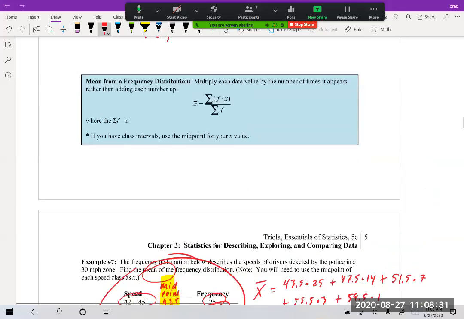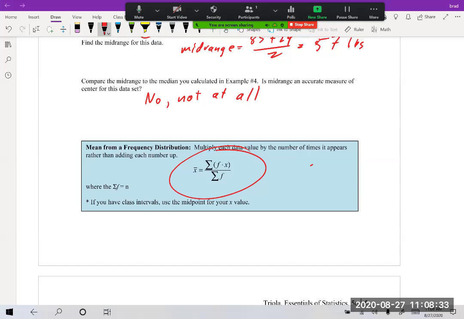But this is a way using this formula. And remember, this notation right here just means sum. This is sigma notation for sum, or add things up. So don't let that freak you out at all. That's just summation notation or sigma notation.